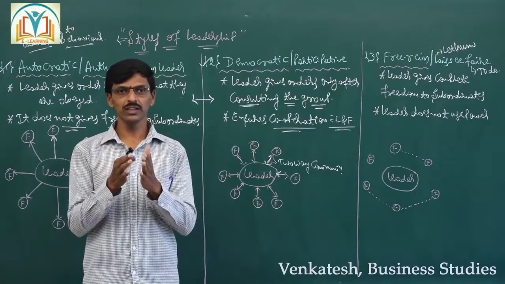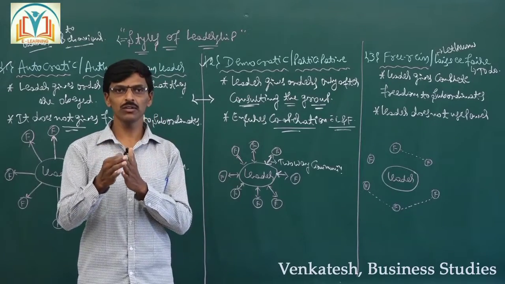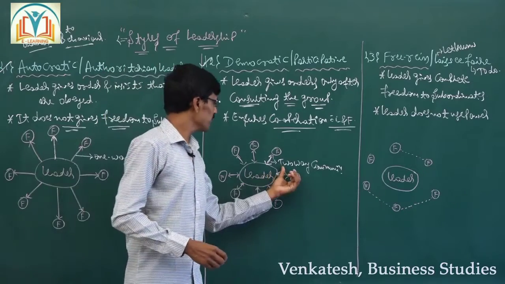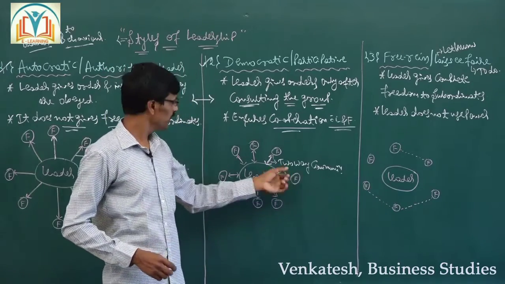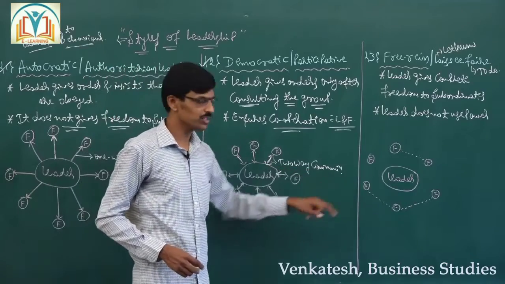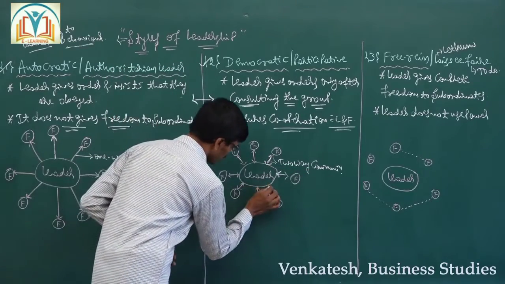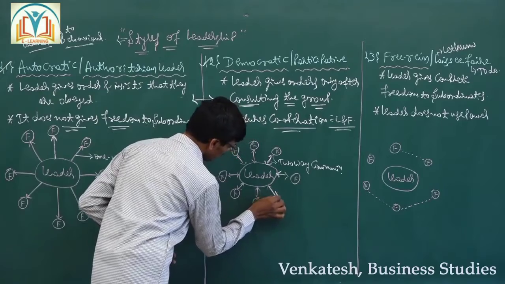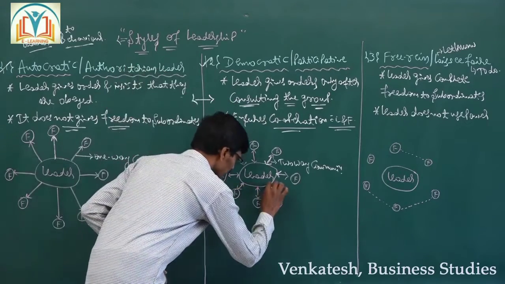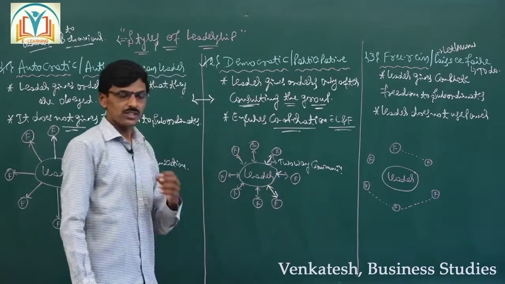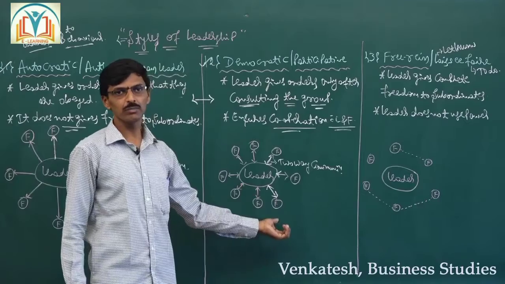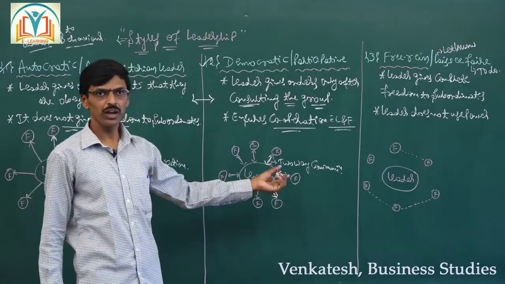They complete the targeted objectives in a friendly manner. Hence, in democratic leadership, we can observe two-way communication. So you can observe the direction, where the leader gives the work order and also seeks and receives the suggestions given by followers.